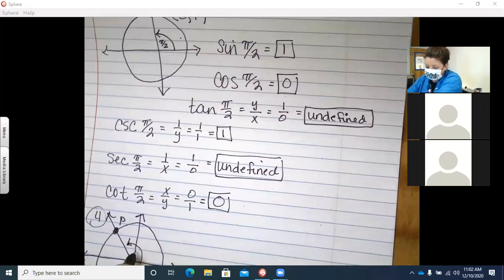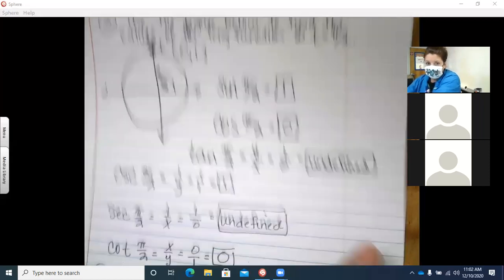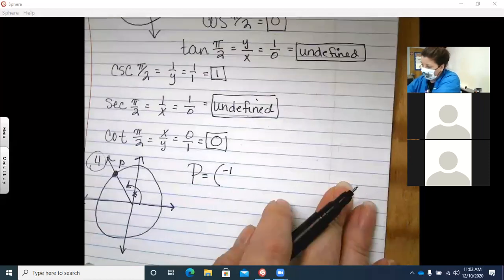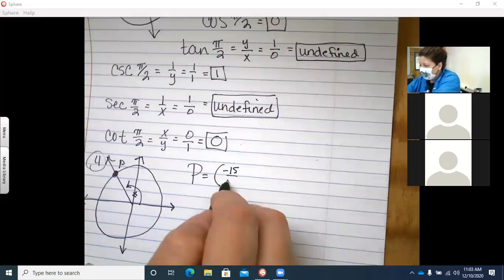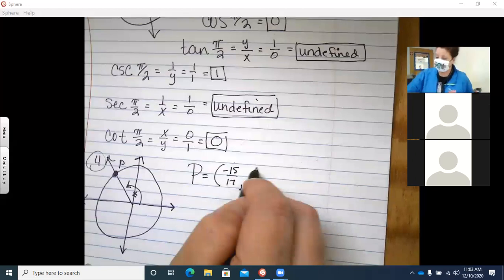So angle T is going to intersect the unit circle at point P. And point P is at the ordered pair of, oh, I'm sorry, I can't see that. Can you? Point P is at the ordered pair of negative 15/17, comma, 8/17. At least they gave us one with a common denominator.